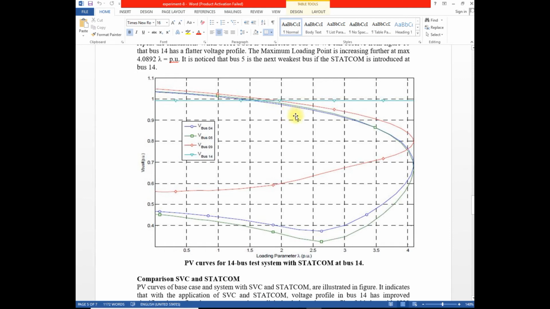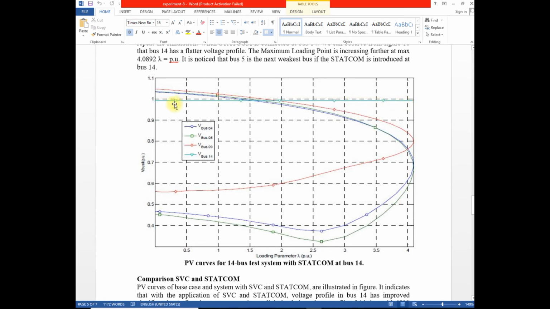But the main difference between the SVC and STATCOM is that the STATCOM connection at bus number 14 increases the loading limit of the line to more than 4 per unit without affecting the voltage limit.